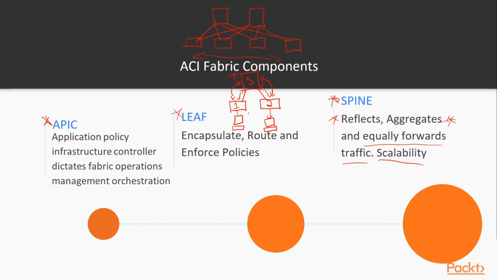So let's say we need to add 5 more leaves. Then we go ahead and add the 5 more leaves. And then you want to make sure that you have a more robust spine layer, so you keep homing here. You see where I'm going. So you connect everything together, and that's what allows you to keep growing your fabric footprint.